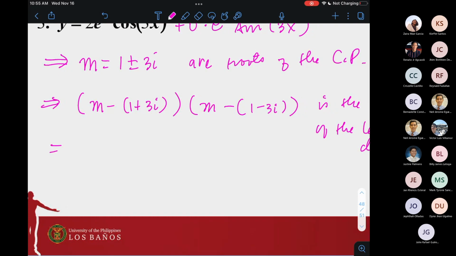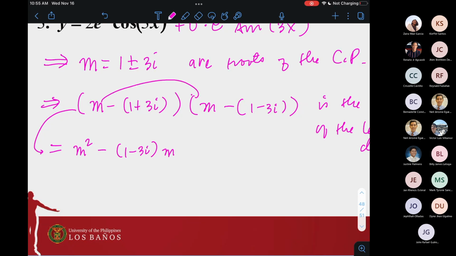Sige na nga, i-FOIL method ko na lang. So ito, i-FOIL method ko, medyo magulo yung board work ko kasi nga sabi ko, kayo na yung bahalang mag-arrange ng solution. Pero pag nag-FOIL method ako dito, magkakaroon ako ng m squared minus 1 minus 3i times m.